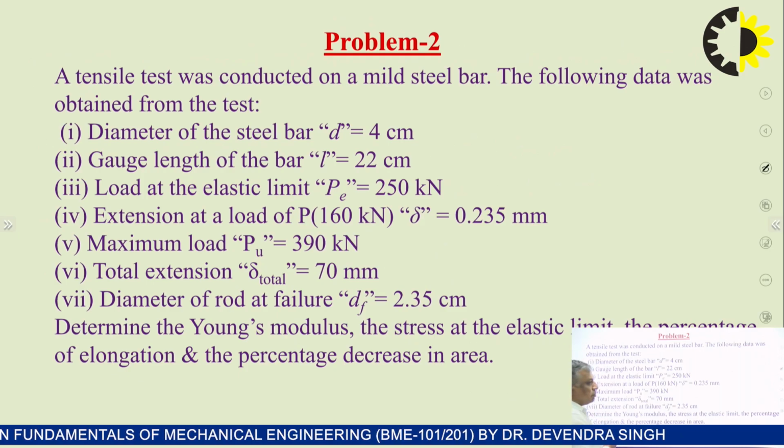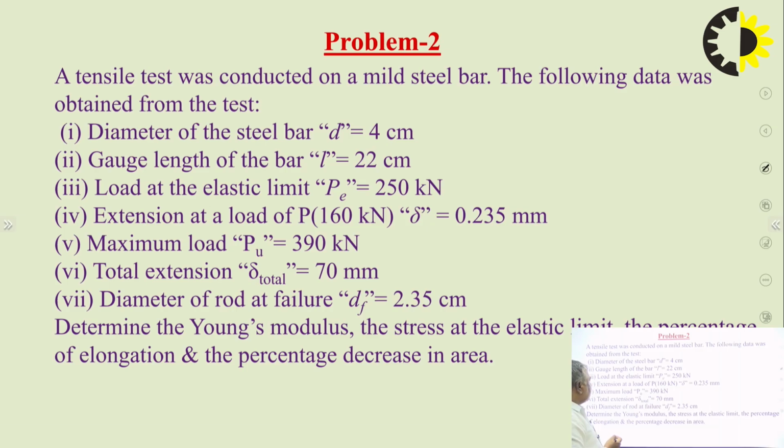In the next problem, a tensile test was conducted on a mild steel bar. The data is given as: diameter of the steel bar D is 4 centimeter, gauge length of the bar is 22 centimeter, and the load at the elastic limit is 250 kilonewton. Extension at a load of 160 kilonewton is 0.235.